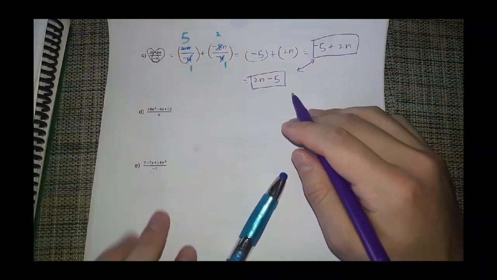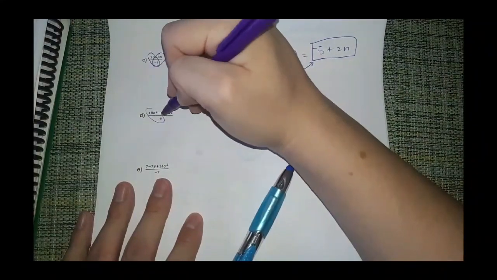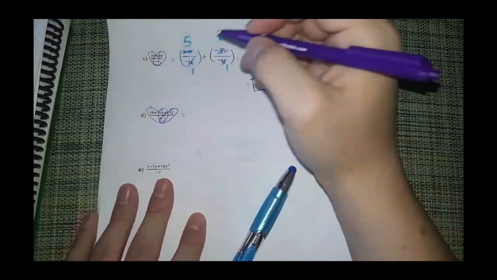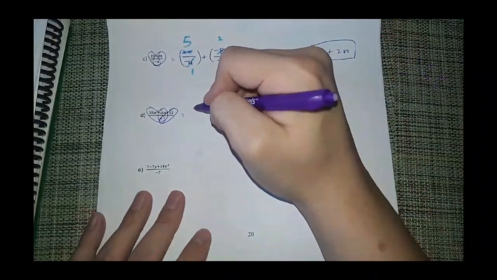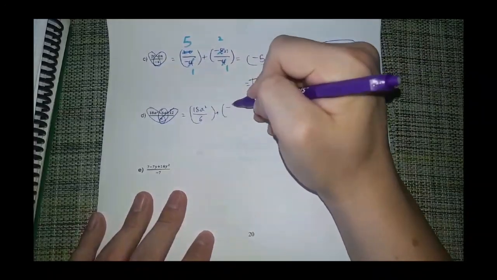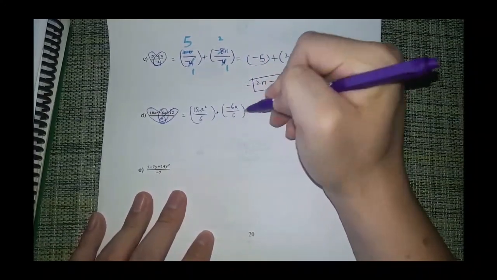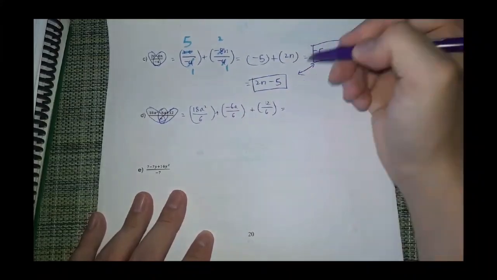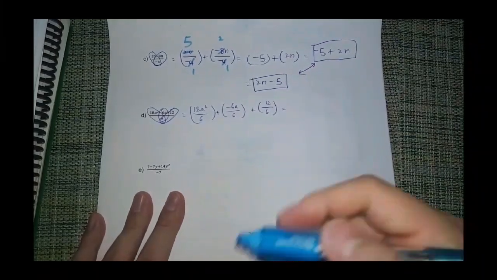We are almost at the end. The first one, highest order, 18a squared divided by 6, adding with negative 6a divided by 6, adding with 12 divided by 6. Any simplification?